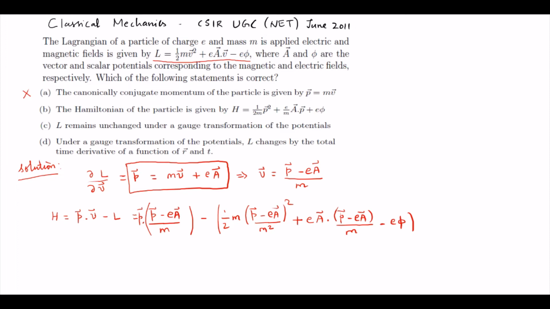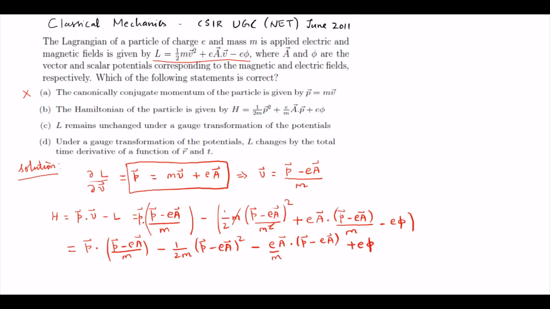One m gets cancelled, so this can be written as p vector dot (p vector minus eA)/m, minus, if you multiply the minus sign inside, 1/(2m) (p vector minus eA)², minus eA vector dot (p vector minus eA)/m, and minus into minus gives plus e φ.